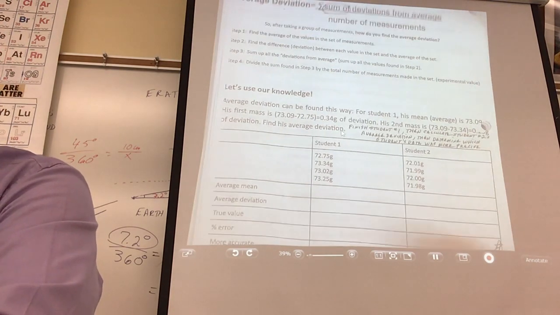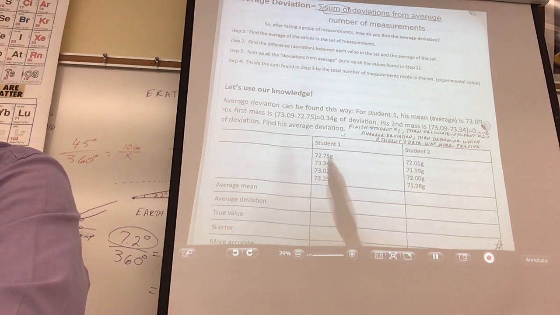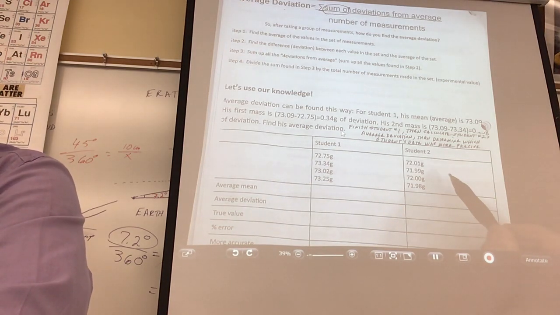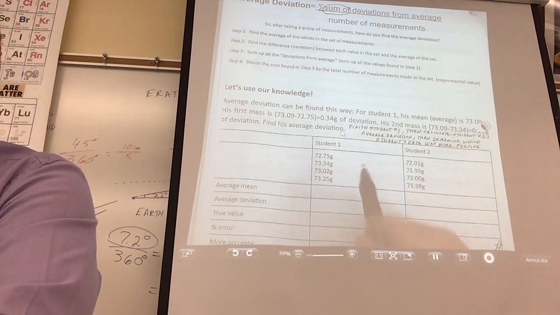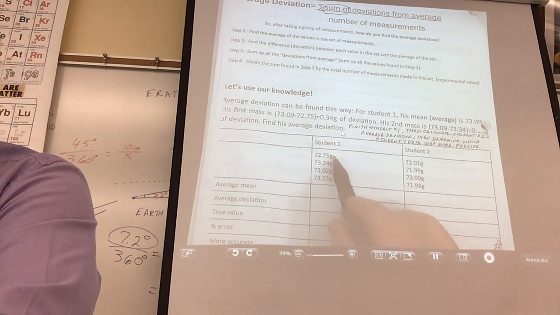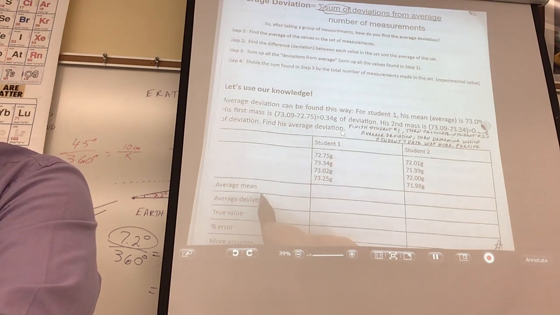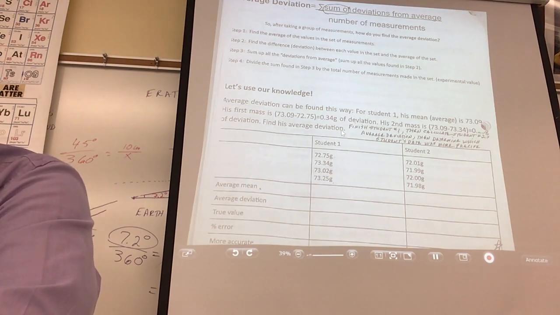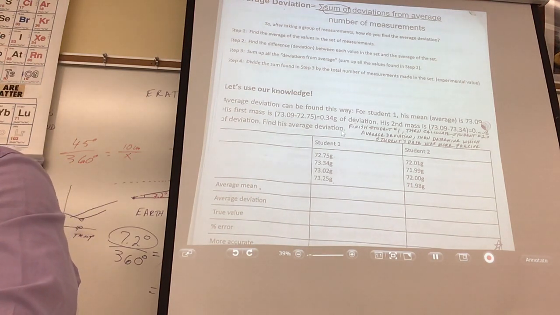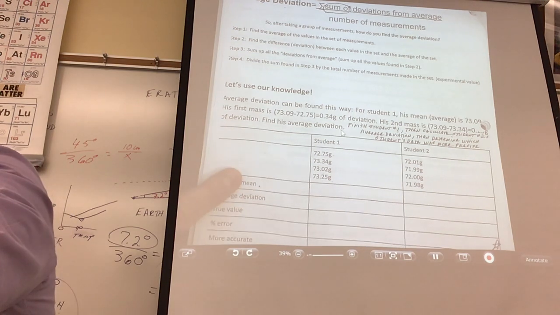So if you have a calculator, here's student 1 and here's student 2. This person did the experiment 4 times, and so did they. What I want to find out is the mean. What's the mean?